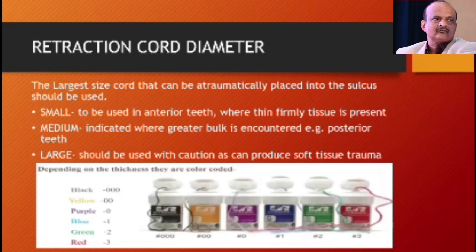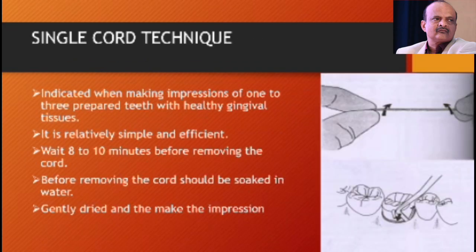Large ones may be used with caution, so as not to produce any tissue trauma, with a thick tissue biotype. Usually they are color coded: black 000, yellow 00, purple 0, blue 1, green 2 and red 3. So students should use them cautiously and always select the largest cord which will fit without causing any trauma to the gingival tissue.